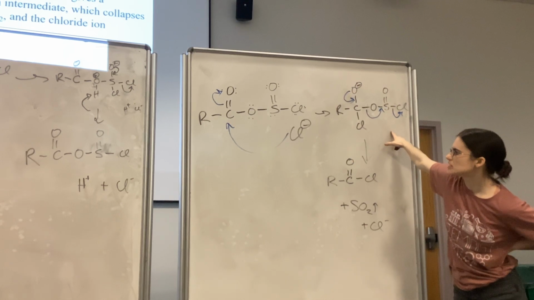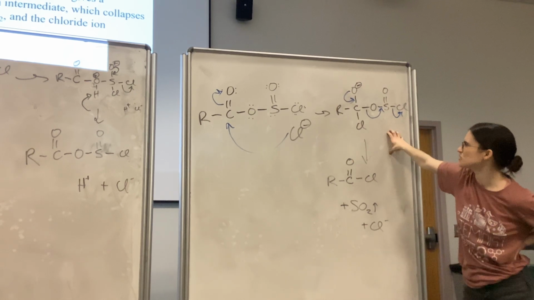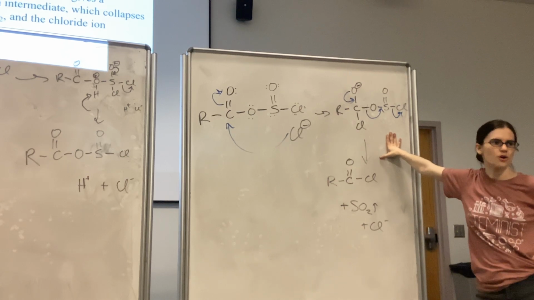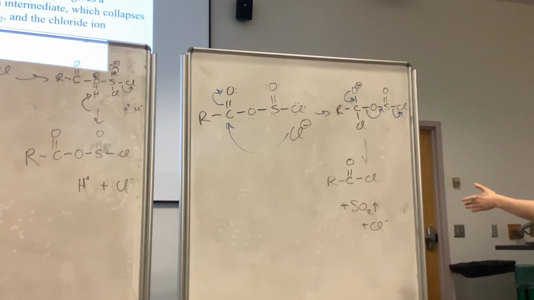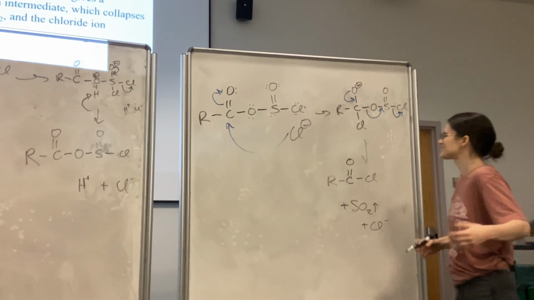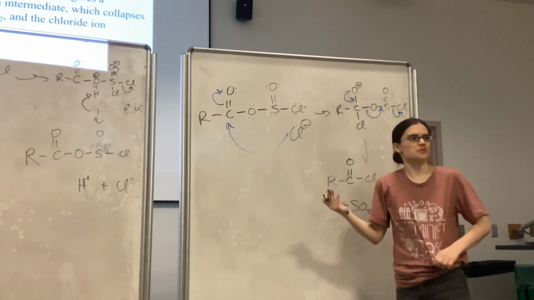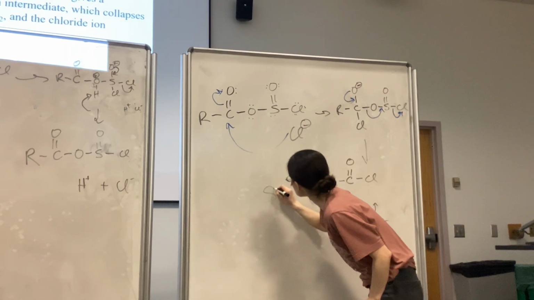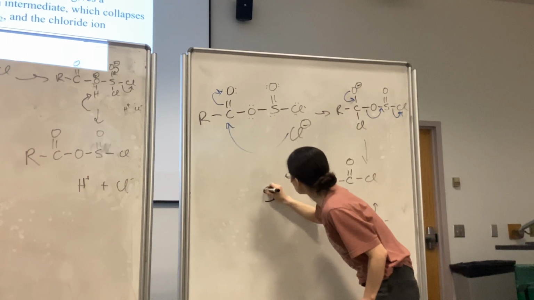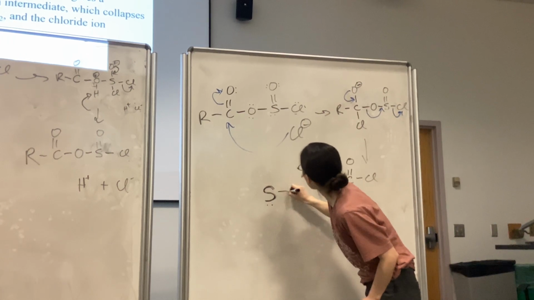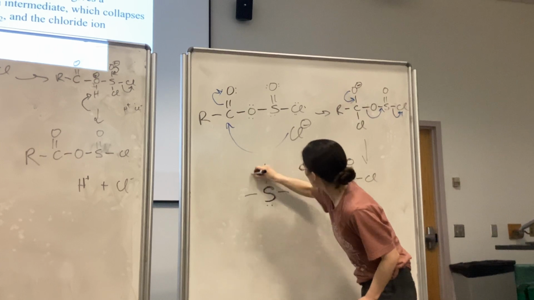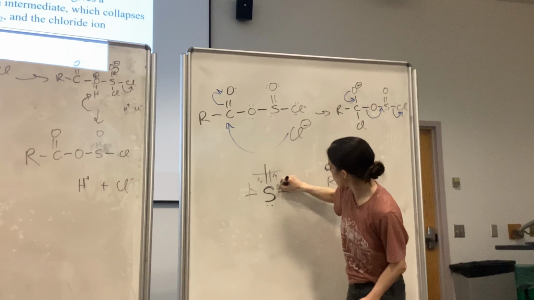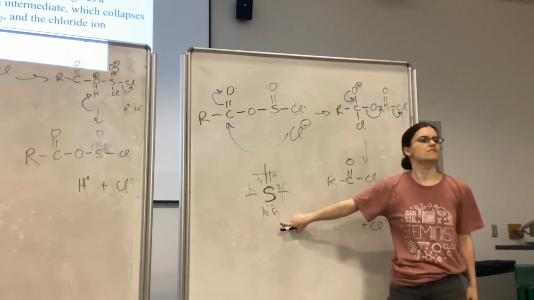The S should come with 6 valence electrons, right? Usually we can count how many bonds, and usually it's just like, oh, that means it's 2 lone pairs. But really, if we want to do this, because it's not 2 lone pairs, but also there's not 8 total, we cut all of these in half, and we do 1, 2, 3, 4, 5, 6.